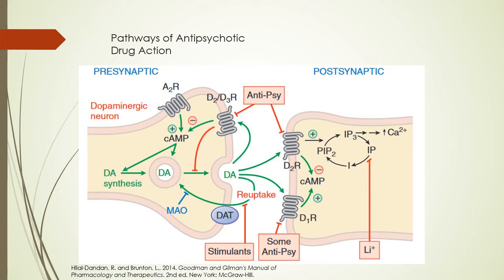And therefore, by decreasing the release of dopamine, we reverse the pathophysiology of schizophrenia and psychosis, which is excessive dopamine in the synapse.